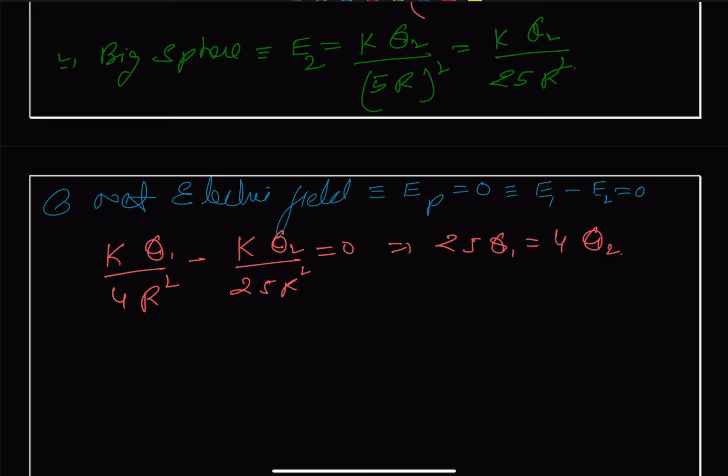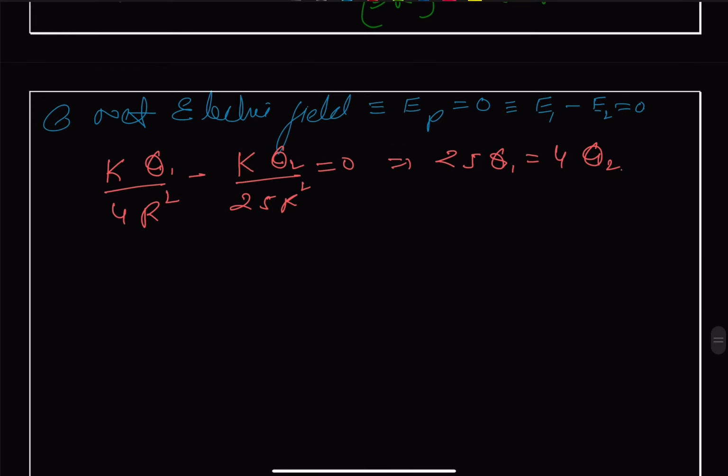q1, q2 we already know. So we substitute: 25, and q1 is 4 by 3 pi r cube rho 1, is equal to 4 times 32 by 3 pi r cube rho 2.